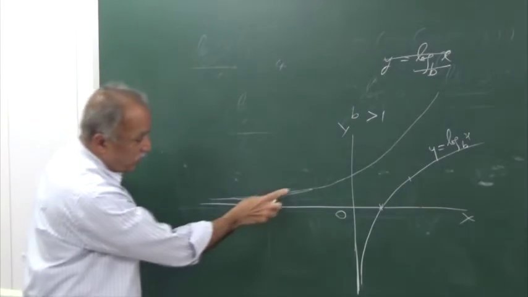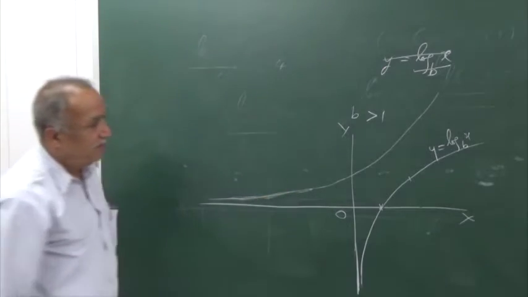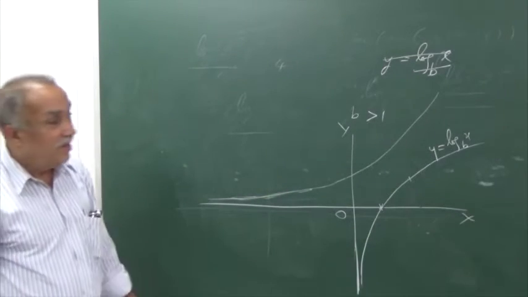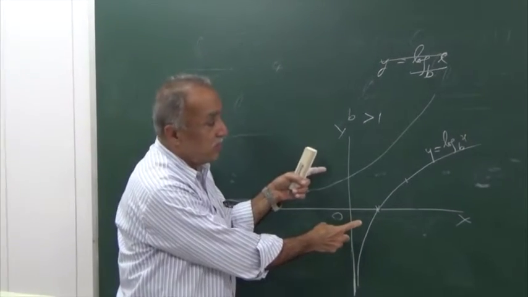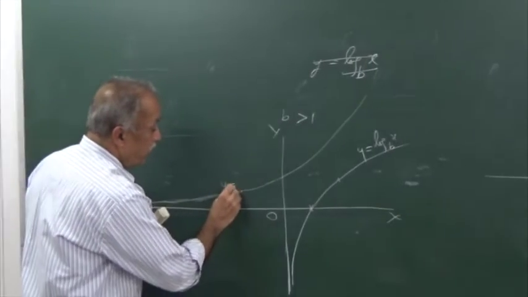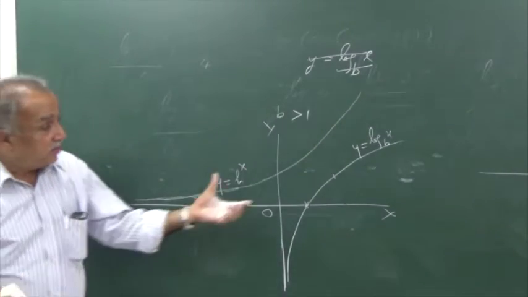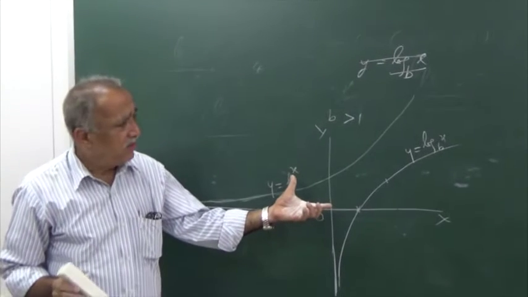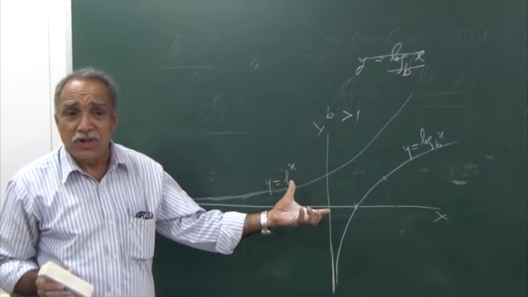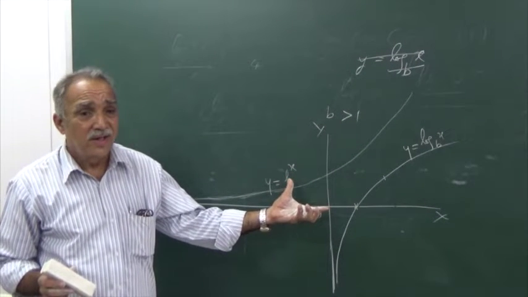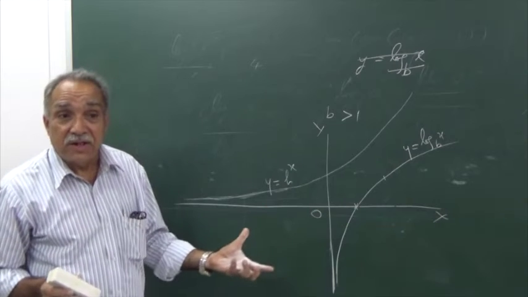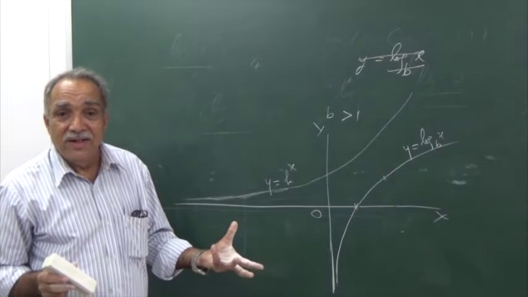I don't know how accurate I was in drawing the graph. We will check it now. Any relationship between the graphs? This is the graph of b to the power x, b greater than 1. Any relationship between the two curves you notice? Symmetric about which line?